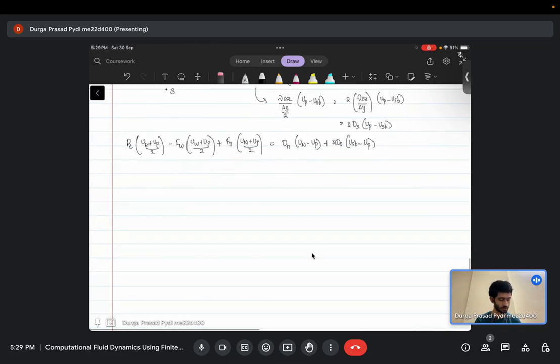Now if we group the terms together, a east is again the same, is minus fe by 2, a west remains the same, so we don't have diffusion term, a north remains the same, so we have a diffusion term un, and then a south will essentially be 0 because this is the boundary.